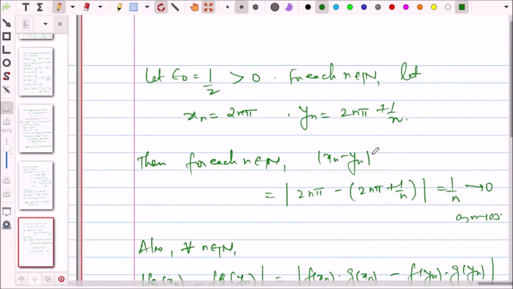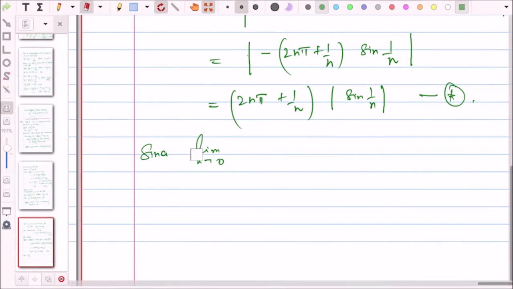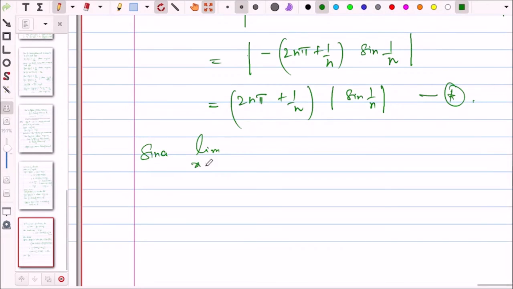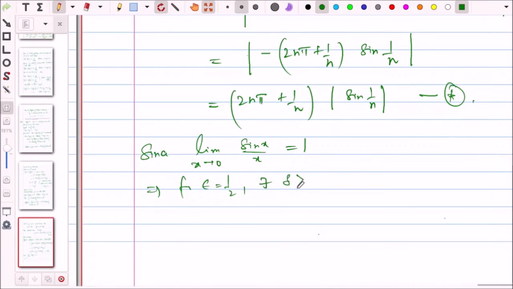For this we will use the fact that limit as x tends to 0 of sin x / x is equal to 1. So for ε = 1/2, there exists δ > 0 such that |sin x / x − 1| < 1/2 whenever |x − 0| < δ.